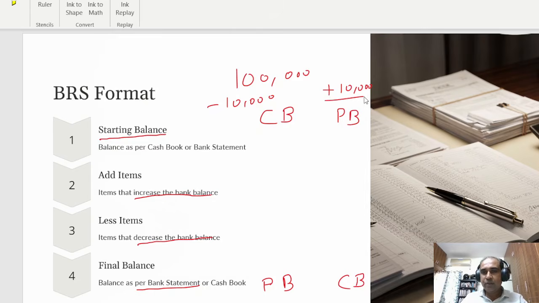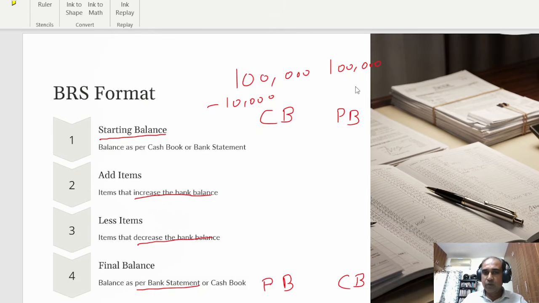So that means the passbook is higher by 10,000 rupees. So what we have to do, guys? This is 1 lakh minus 10,000. This is still 1 lakh. Don't remember it as plus and minus items. Just understand the logic, guys. Now my cash book has become 90,000. My passbook has become 1 lakh.